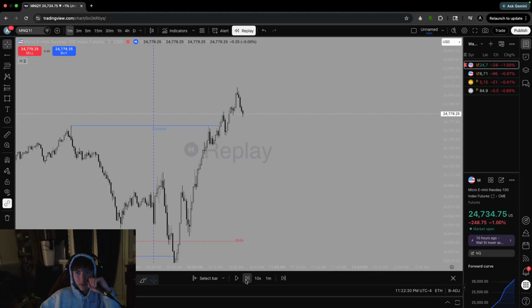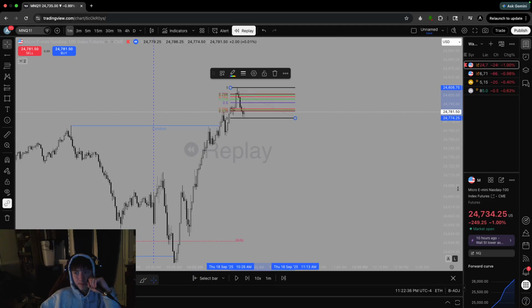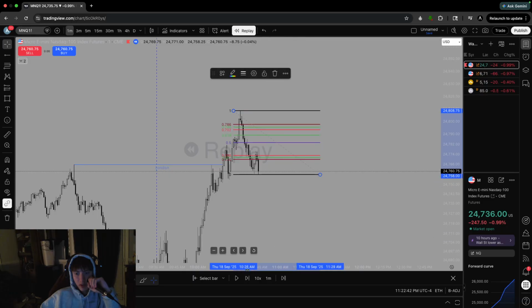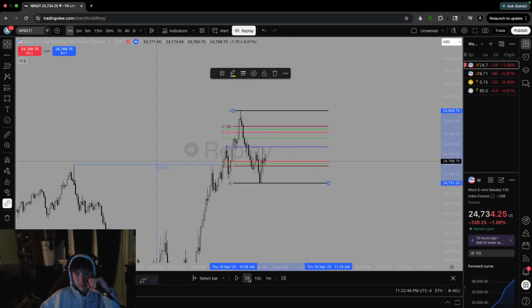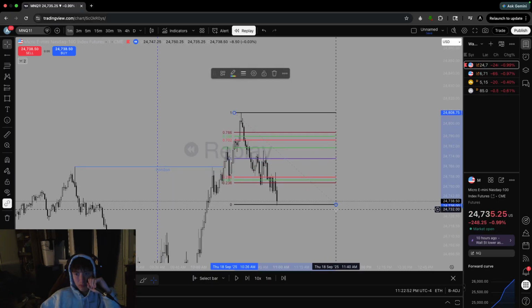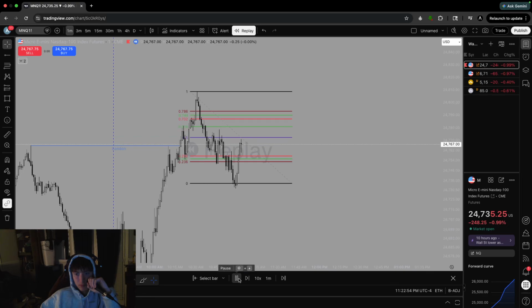If we get a bigger inversion, that's a good inversion right there. We can test it on that. Give me the retrace. There's the retrace. Maybe not. There we go.